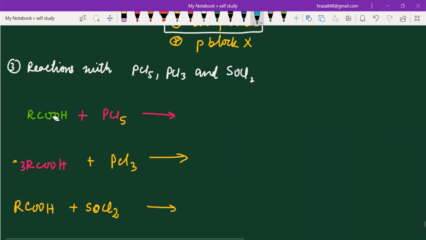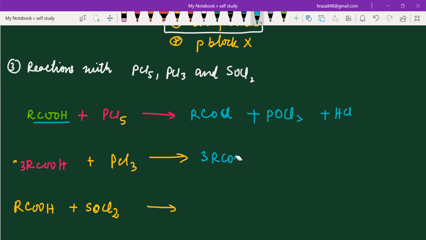So in this you can see RC double bond OH will be directly converted into RCOCl, and then POCl3 along with HCl. I will explain how this comes. And with PCl3, 3 moles of RCOCl and H3PO3. It's very easy. And with SOCl2, you will get the same product, SO2 and then HCl. Please do write it.